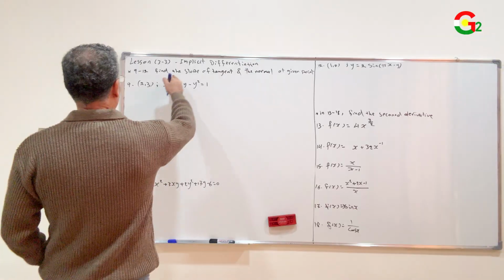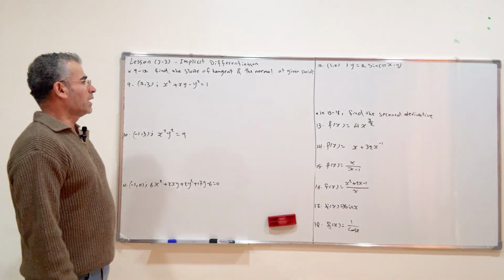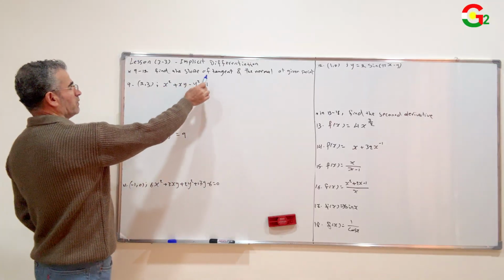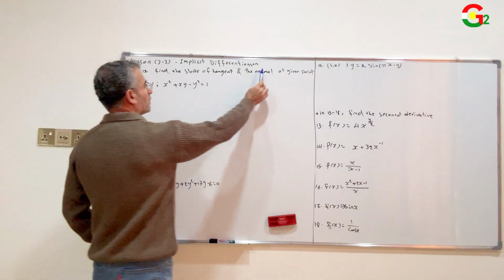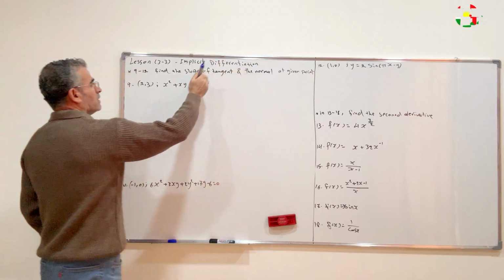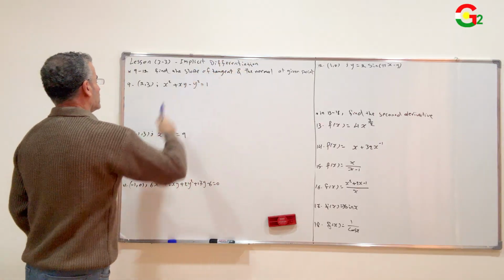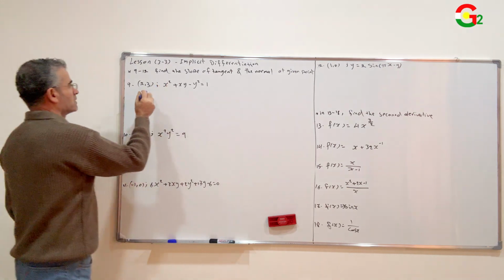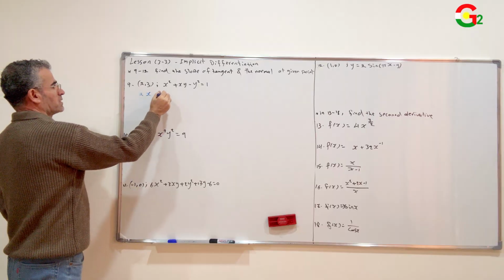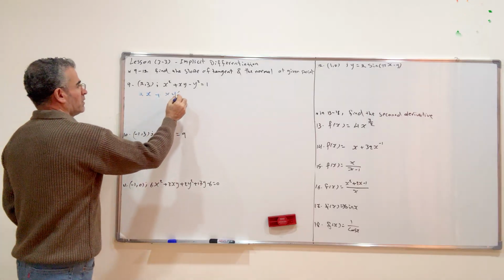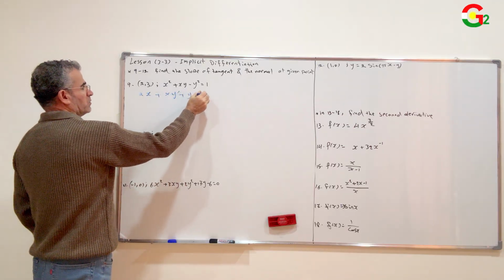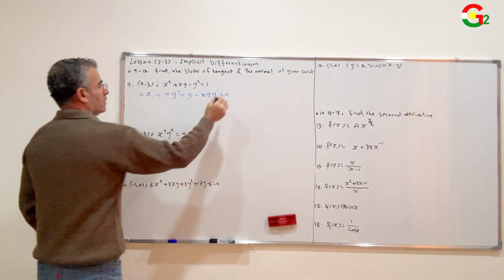Question number 9 to 12. Find the slope of the tangent line and the normal line at the given point. First, we find the slope of the tangent line, and as you know, the normal line is perpendicular to the tangent line, so its slope is the negative reciprocal of the slope of the tangent line. Now, differentiate this function with respect to x: 2x plus xy prime plus y times 1 minus 2y y prime equals 0.